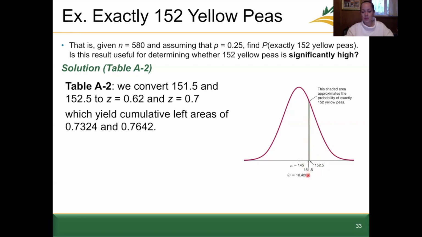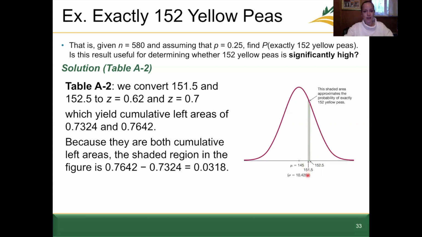Once we know both of those areas, we subtract them to get the area of interest. So the true area or the probability in this shaded region is this value minus this value, or this area minus this area, to get a final answer of 0.0318.